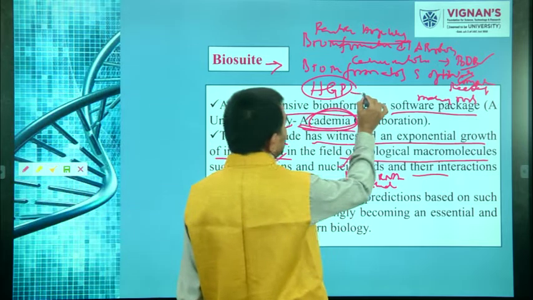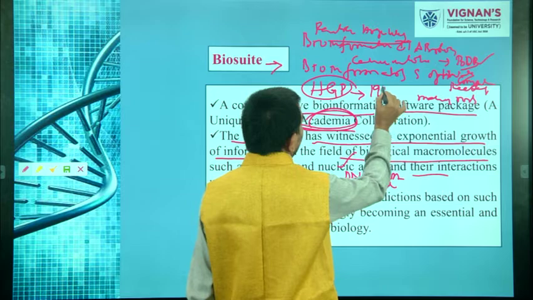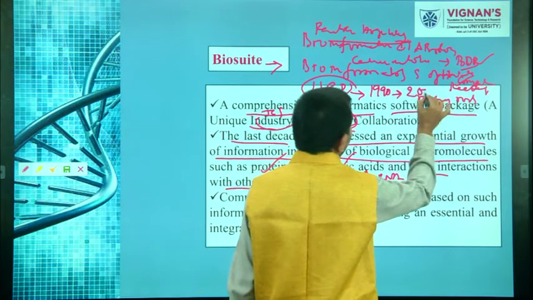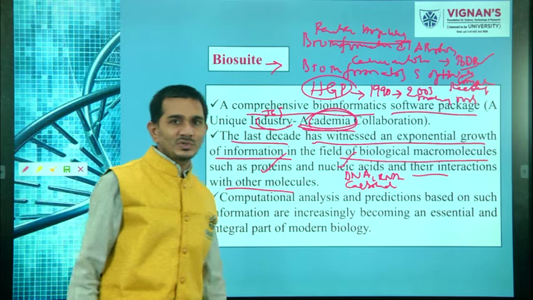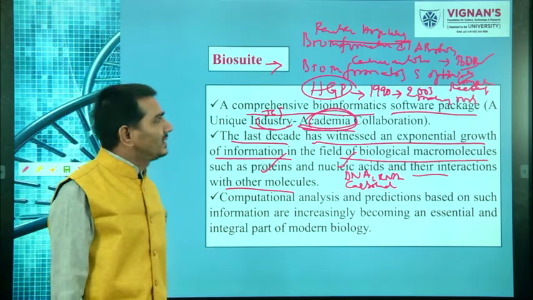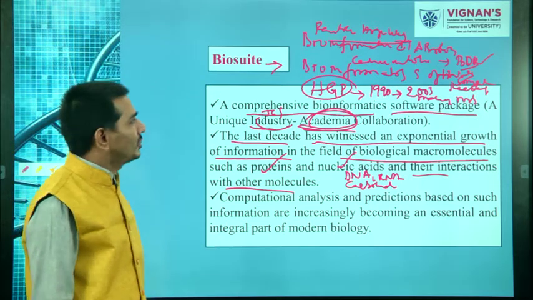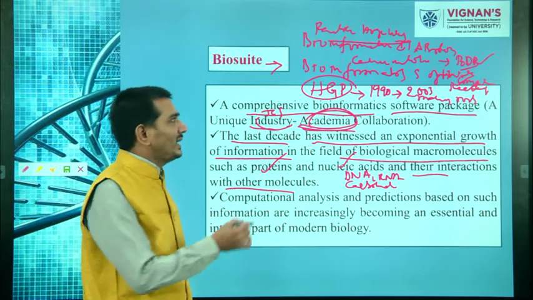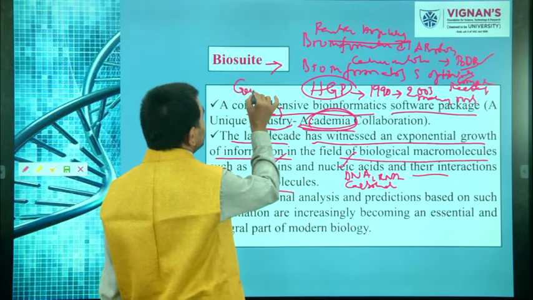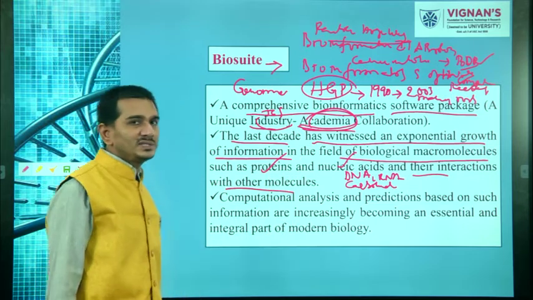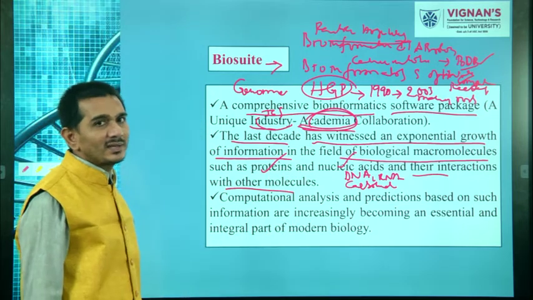The Human Genome Project was started in the year 1990 and completed in the year 2003. So it took almost 14 long years for the successful completion of the human genome sequence. What is a genome? A genome is defined as the totality of all the genes of a particular organism.